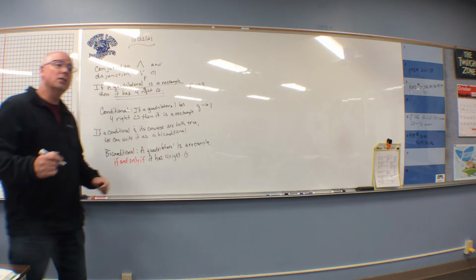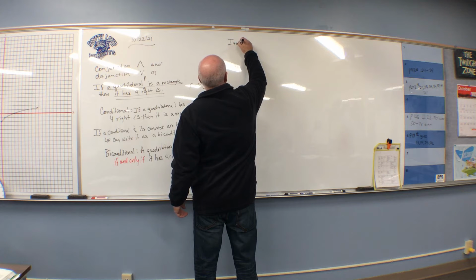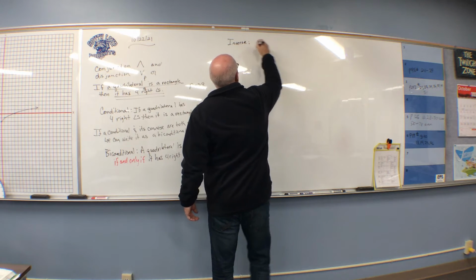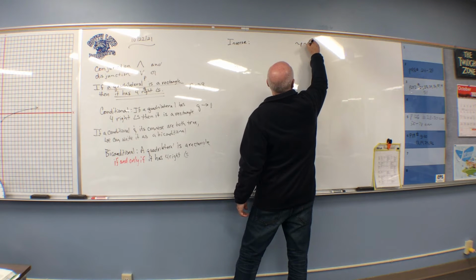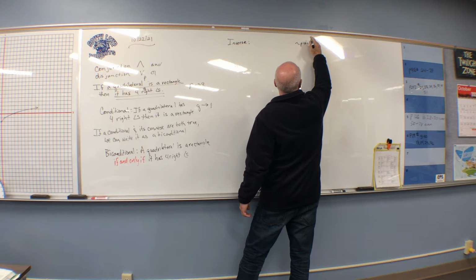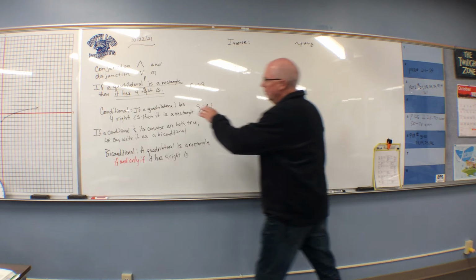All right. So let's talk about an inverse. And you had this one yesterday too, right? Yeah. An inverse is not P, not Q, right? Yep. I forgot my arrow. Not P, not Q. So you look at the original conditional.